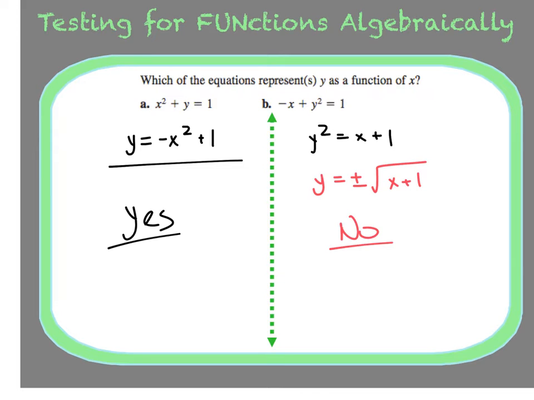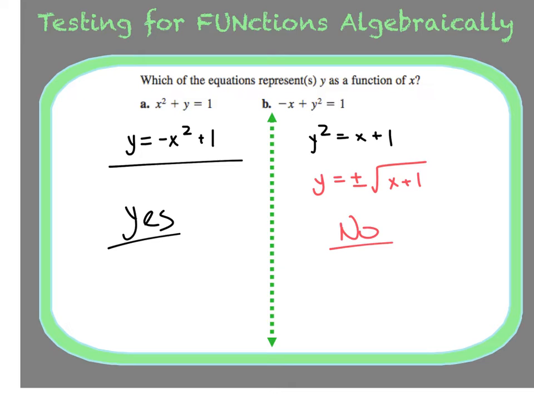Here's a trick, guys. All right? You know how I gave you cheat codes on like origin symmetry and stuff like that? Here's the trick. If y is an even power, it's not a function. It's a good little nugget. If y is an even power, it is not a function.